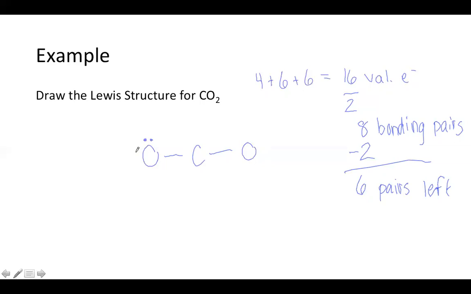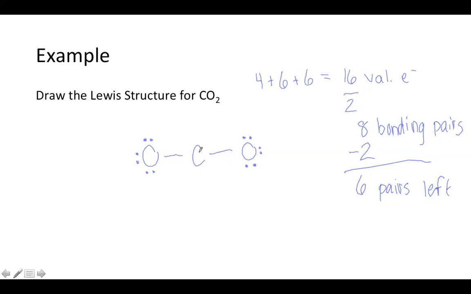So let's place 3 of those lone pairs around the left oxygen, and now this oxygen has 2, 4, 6, 8. So now the left oxygen's good, and let's jump over to the right one. Same kind of thing. It has 2 with it, it wants 6 more, so let's give it 3 pairs as well. So now this right oxygen has 2, 4, 6, 8 electrons with it, and we have added in all of the lone pairs we had left to give.